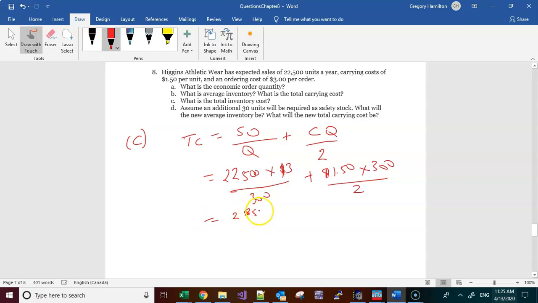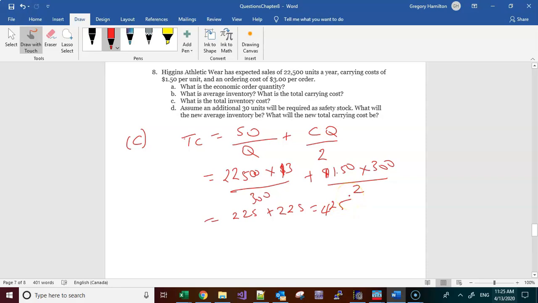225 plus 225. Oh, yes, that's wrong. This should be a 2. So let's change that so that it looks like a 2. Alright, so that's a 2, and that's 2, and that gives us 425.